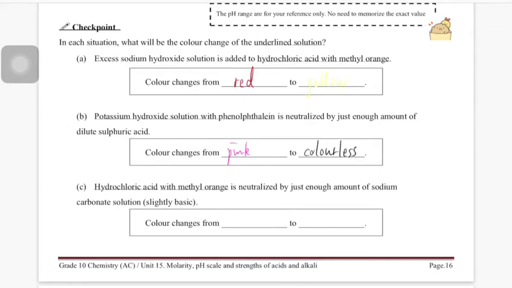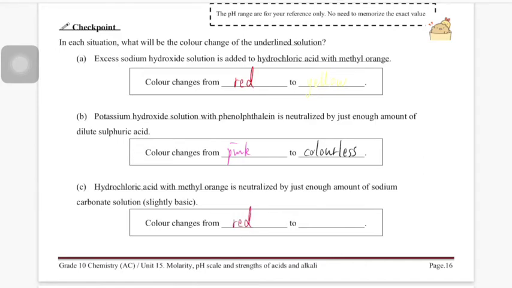Okay, and for part C, hydrochloric acid with methyl orange is neutralized by just enough sodium carbonate solution. Sodium carbonate solution is slightly basic. At the beginning, we have hydrochloric acid with methyl orange, so methyl orange added to an acidic solution should show red color.